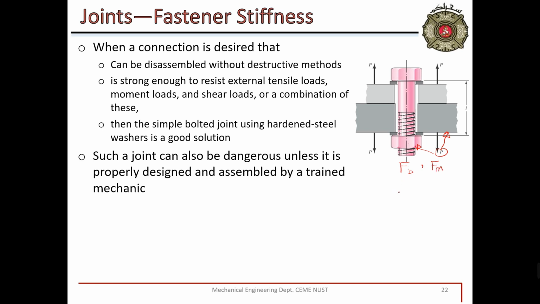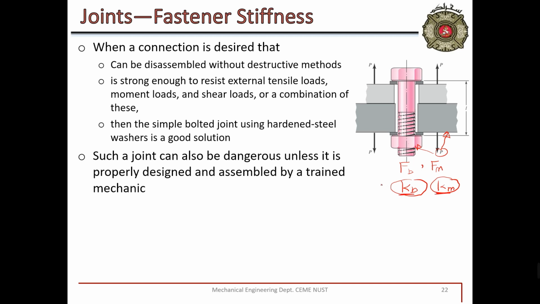So we use an indirect method if we know KB and KM. This KB and KM show us the stiffness of both, and from stiffness we can determine how much of the external load is borne by the bolt and how much by the member.